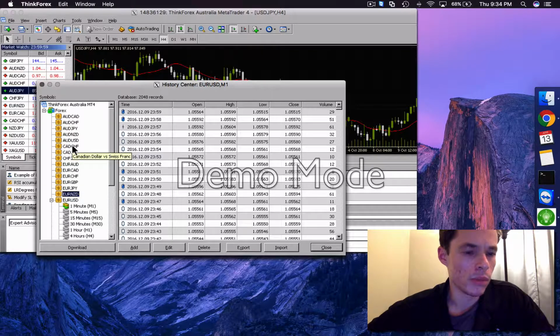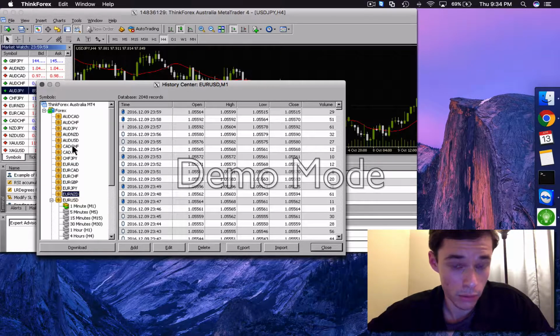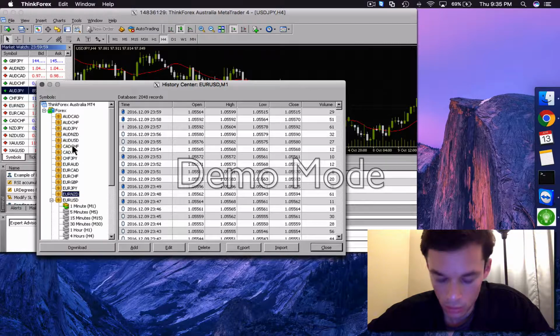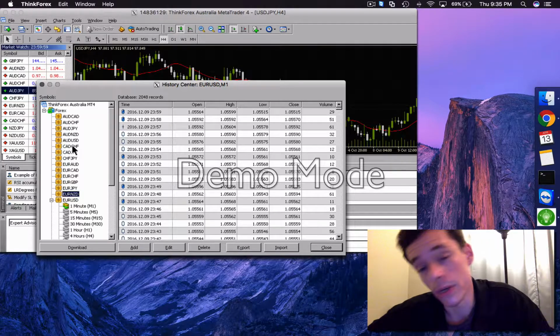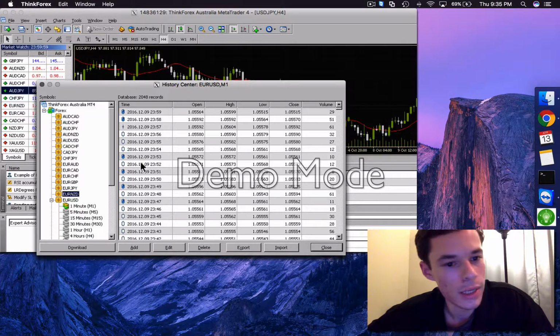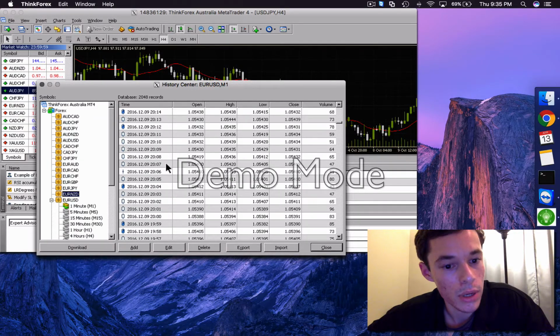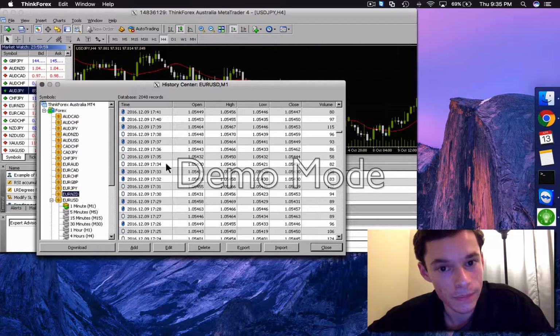And what Metatrader provides in terms of data, in terms of relational data structures, structured data, which is an assumed property in supervised machine learning, is a bunch of tick data.